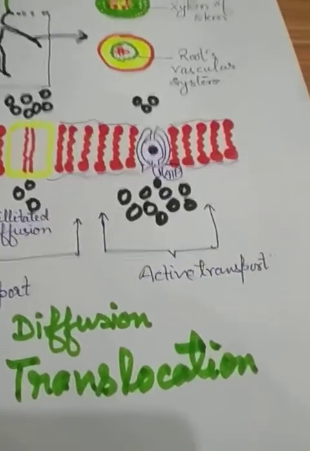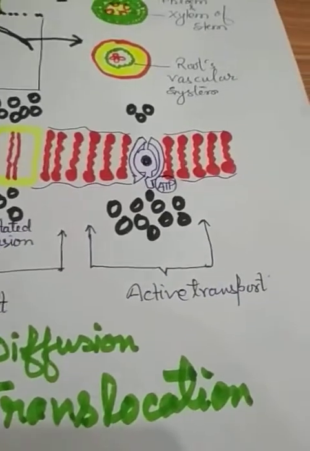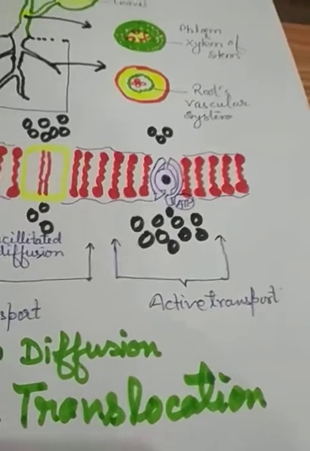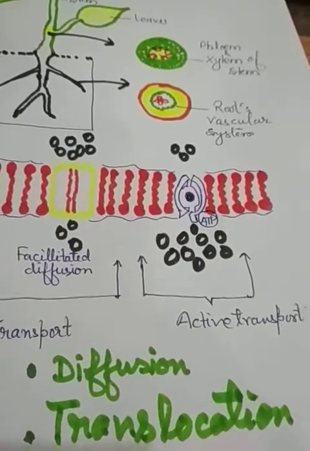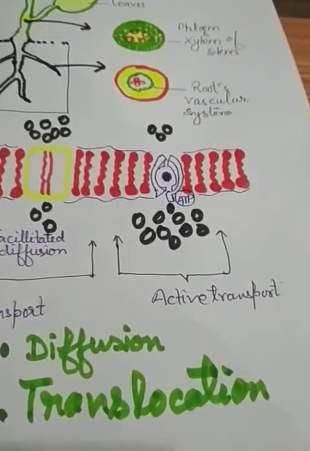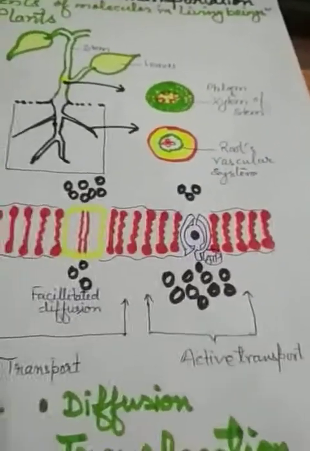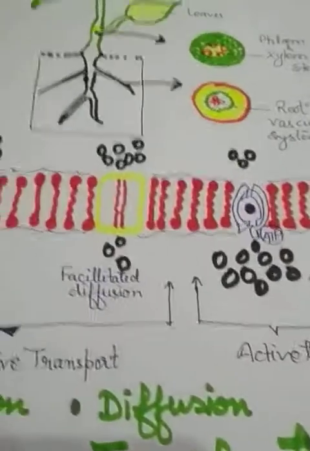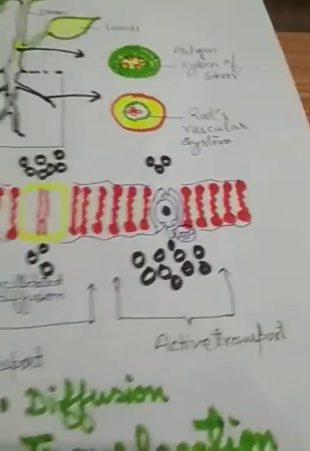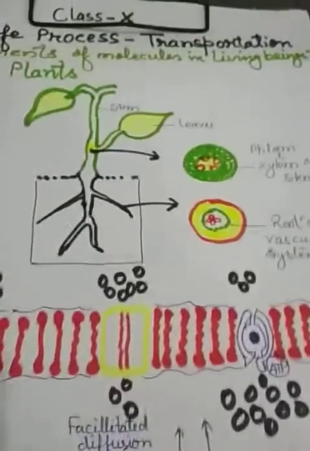It means food gets translocated to a cell as per the requirement of that cell. So translocation can be defined as the required distribution of the food in different parts of the plant body.